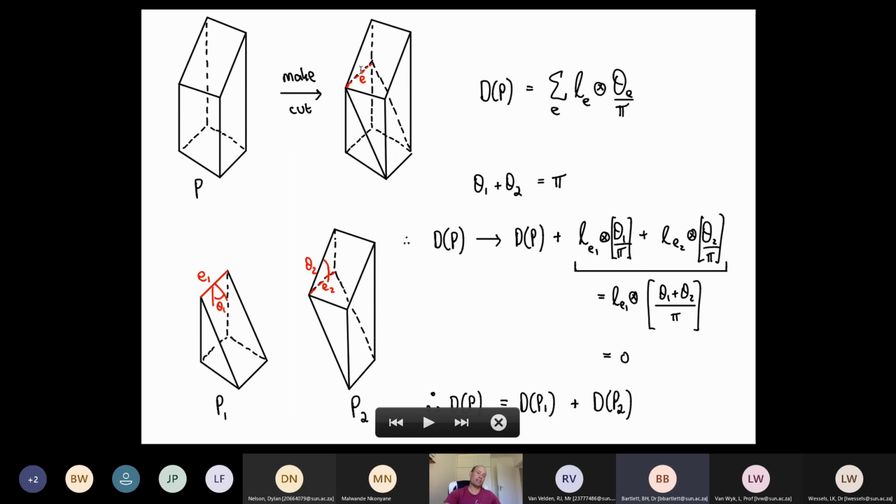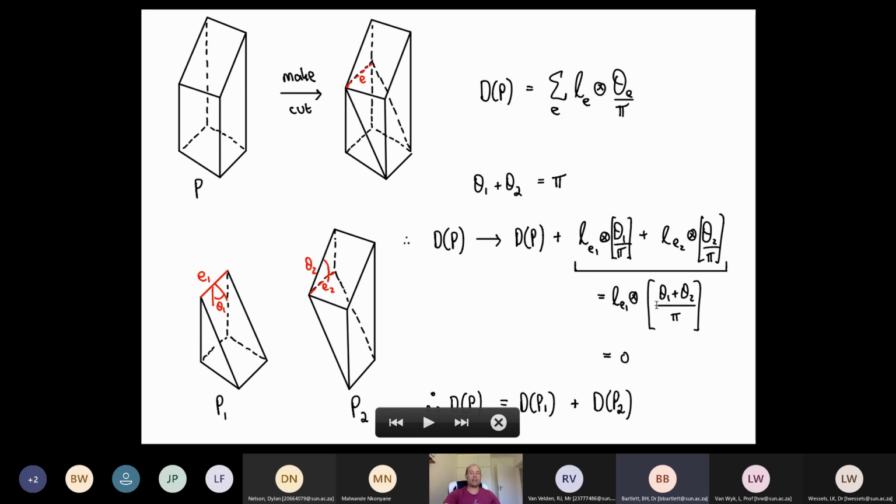So this was 180 degrees here, and we've just cut it up into two pieces. So this angle plus this angle must equal 180 degrees. But that means that as far as how the Dehn invariant will change, the Dehn invariant of P will change by, as far as this edge goes, I'm going to be adding the length of E1 tensor this dihedral angle θ1 over pi, plus the length of E2 times dihedral angle θ2 over pi, as far as the contribution of this new edge E is concerned.